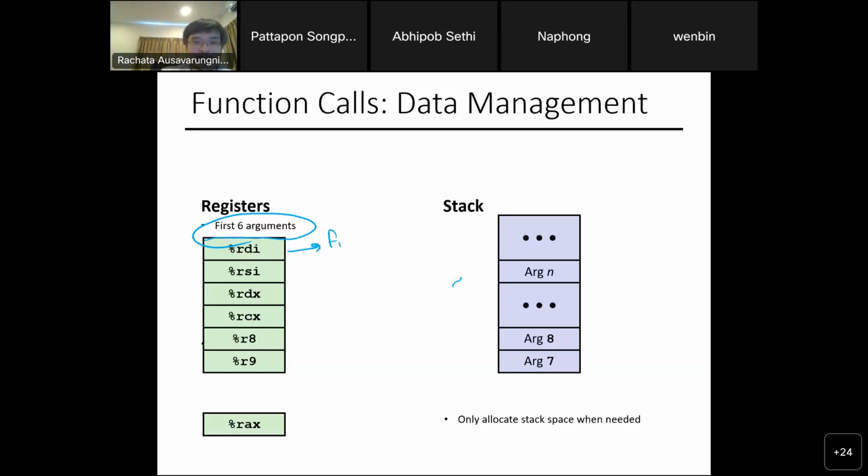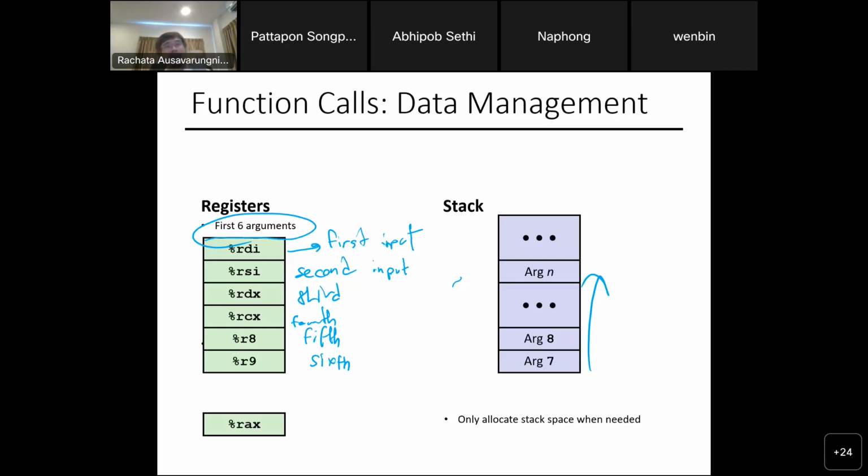This would be your first input, second input, third, fourth, fifth, and the sixth input. Anything more than that, put it on the stack. So just push, push, push, push, push, right?